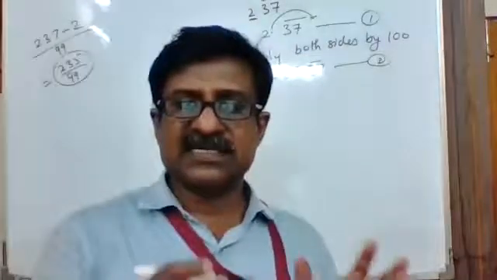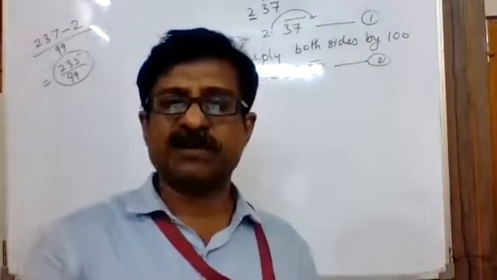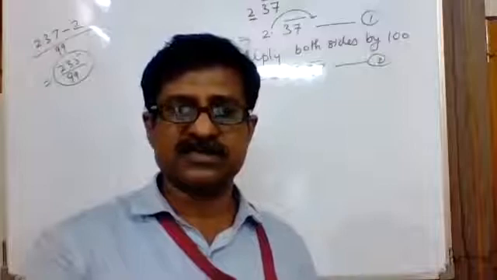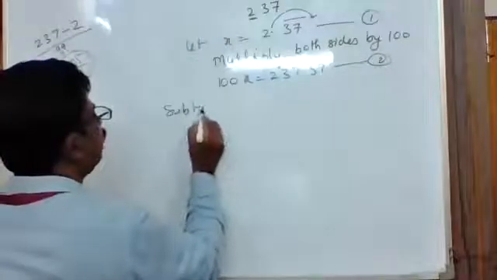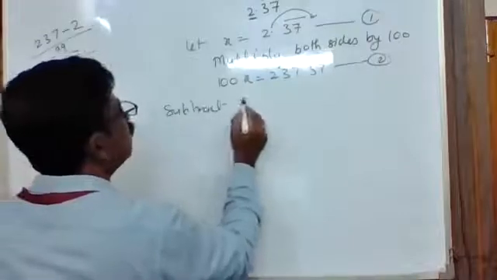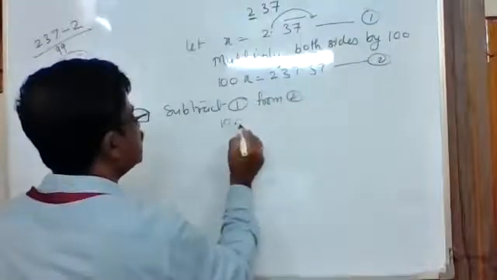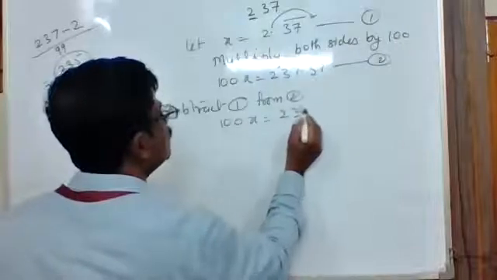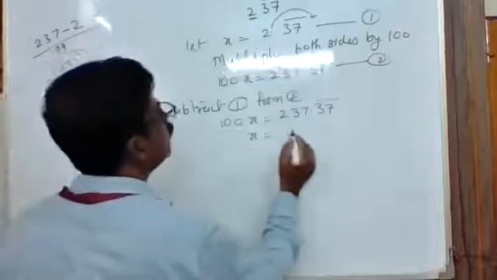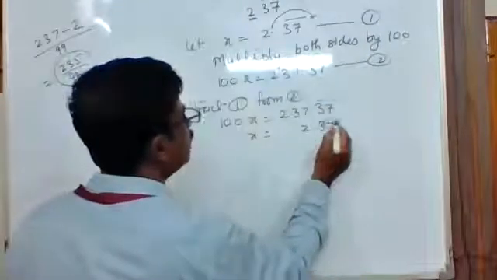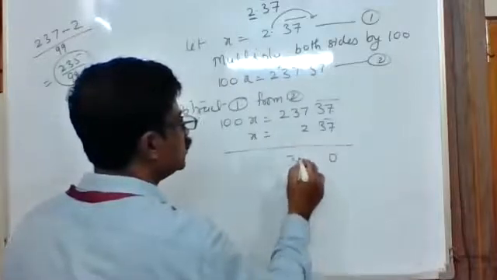In this case, we are going to get only 2 equations. Don't expect every time you are going to get 3 equations. Here we're going to get only two equations. Subtract 1 from 2. Second equation is 100x equal to 237.37 bar, and the first is x equal to 2.37 bar. 37 bar minus 37 bar is 0. 237 minus 2 is 235.